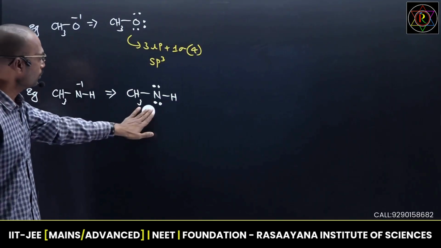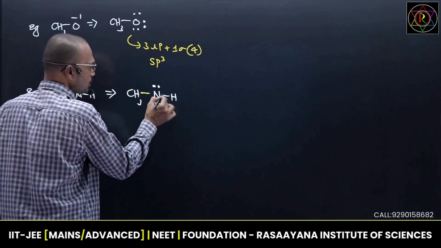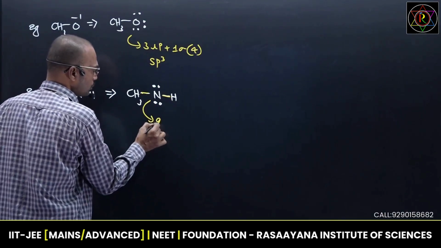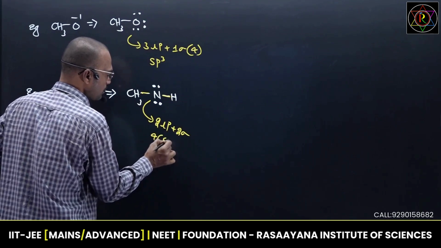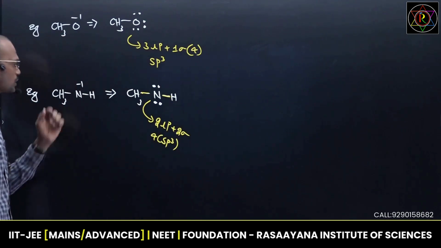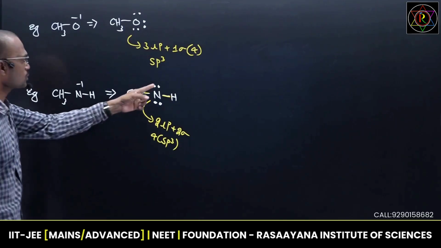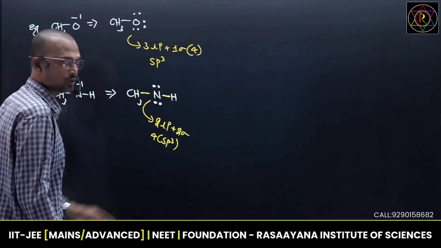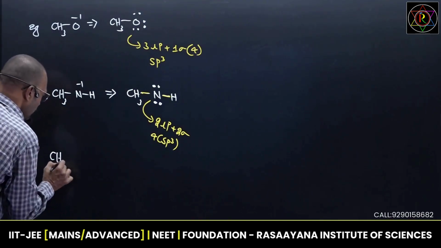Now, if you want to calculate hybridization around this nitrogen, sigma, sigma, 2 lone pairs. 2 lone pairs, 2 sigma. Total 4. 4 means what is hybridization? sp3. So now this nitrogen hybridization is sp3, because this lone pair is not under conjugation, not involved in delocalization. Now the same molecule, I would like to write like this.